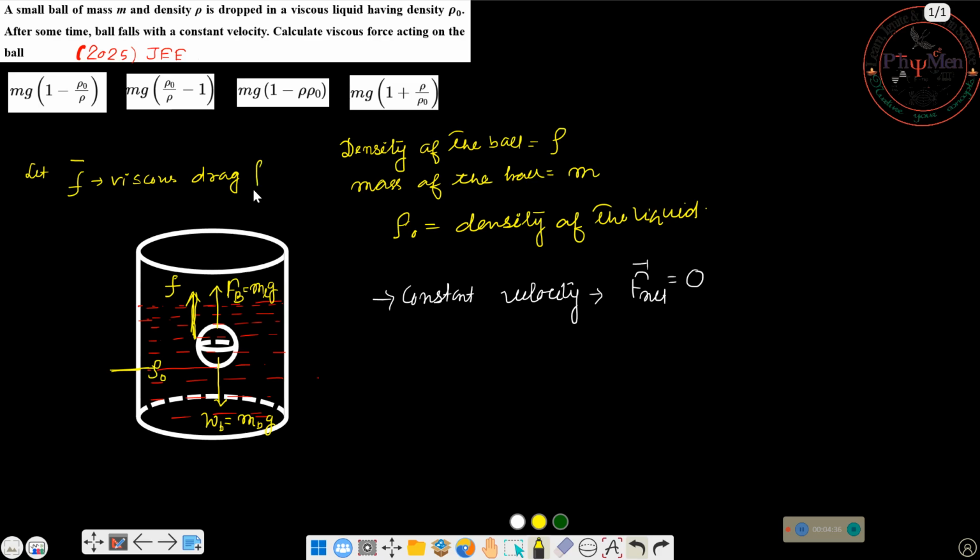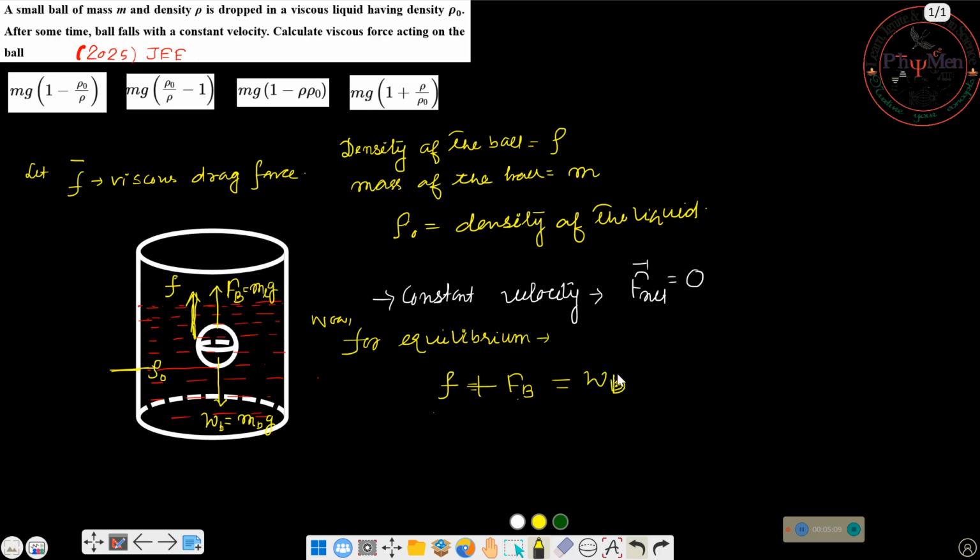Now for the equilibrium of this ball, total upward force must be equal to total downward force. This viscous drag force plus the force of buoyancy must be equal to the weight of the ball, right?